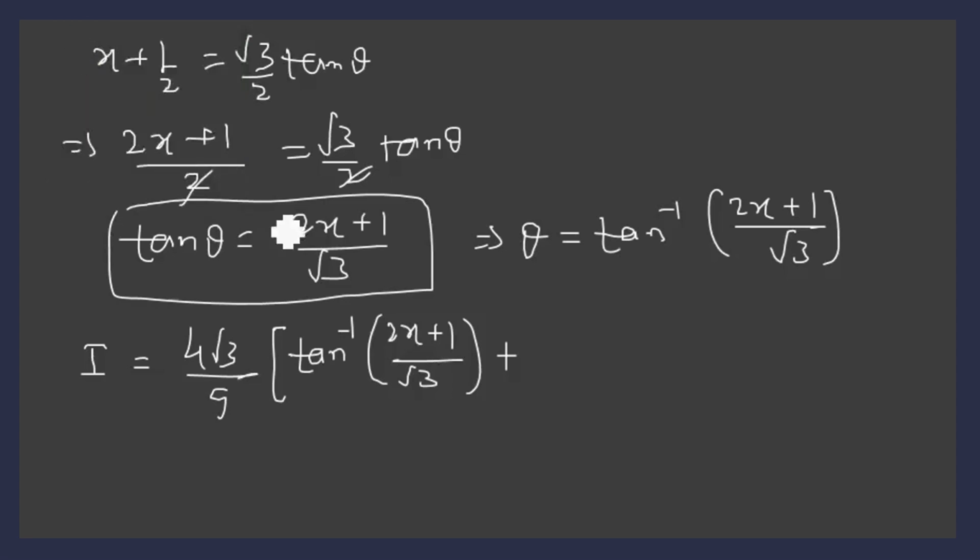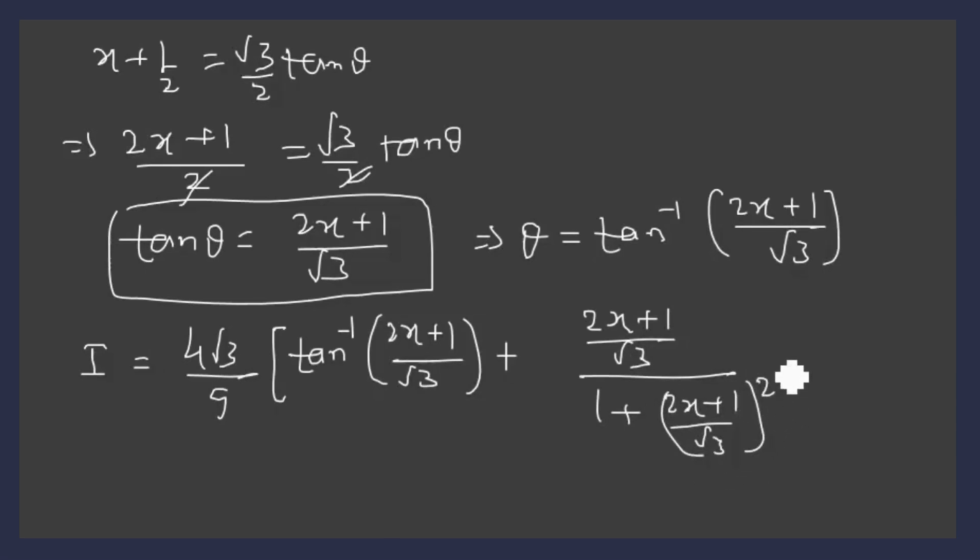Tan theta is 2x plus 1 by root 3, divided by 1 plus tan square theta, so 2x plus 1 by root 3 the whole square. Now we have to simplify this.